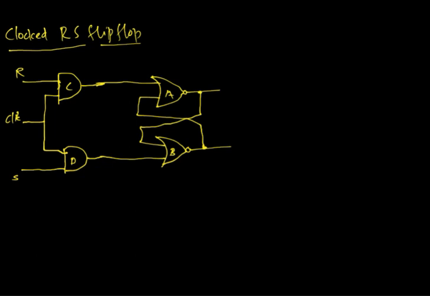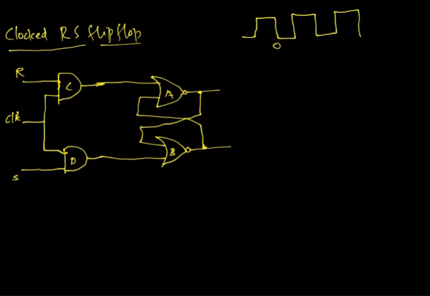So now even when you switch on this R and S at different instants, the output of these two AND gates actually depends on the clock pulse also. Clock pulse is generally a square wave like this. It has a low state, high state, it periodically changes. This is a clock pulse.